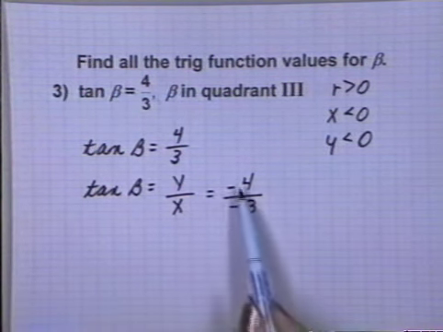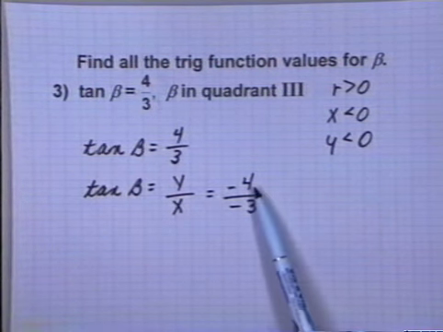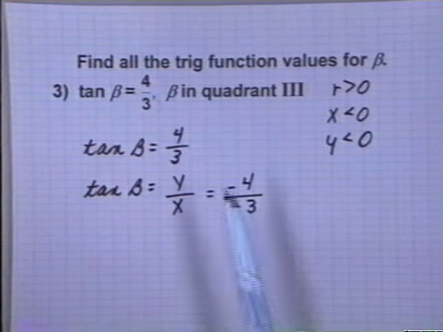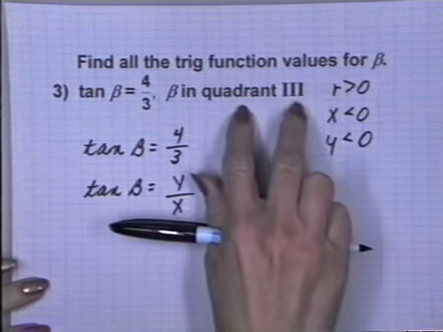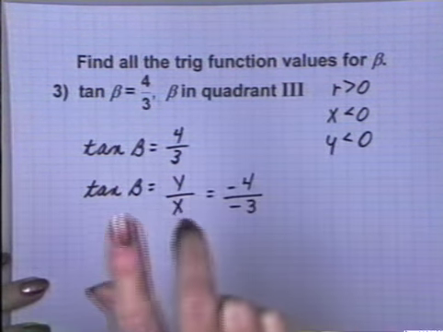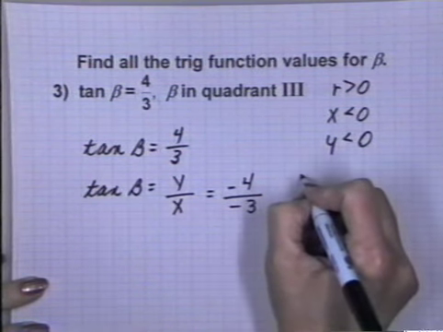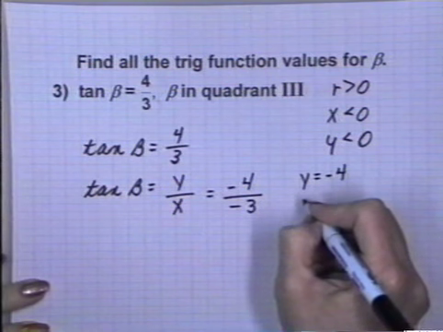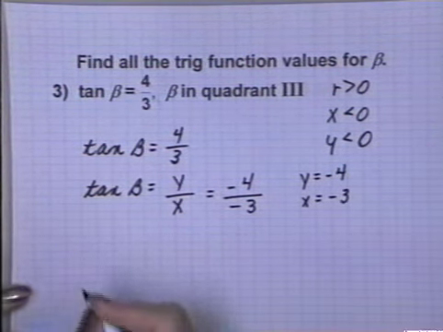And consequently, we wouldn't write that the tangent of beta was -4 over -3, and negative divided by negative is a positive. We would write that the function value was 4/3. But it's important for us to pay attention to this quadrant and to realize that because it is a quadrant 3 angle, y would have to equal -4 and x would equal -3.